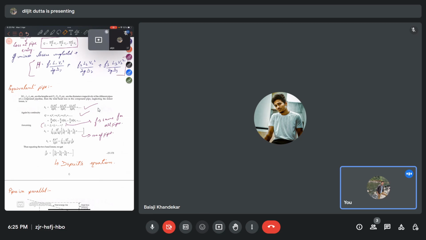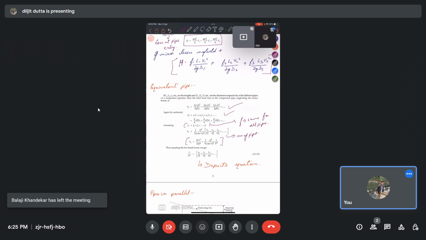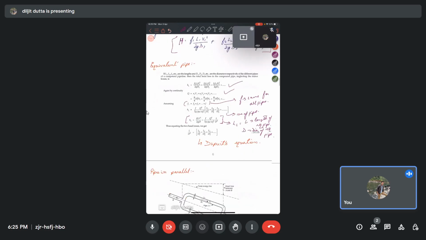And this is for the compound pipe. If we replace all the pipes by a single pipe, then the head loss will be f into L, where L is the length of the equivalent pipe and D is the diameter of the equivalent pipe, so L by D to the power 5.